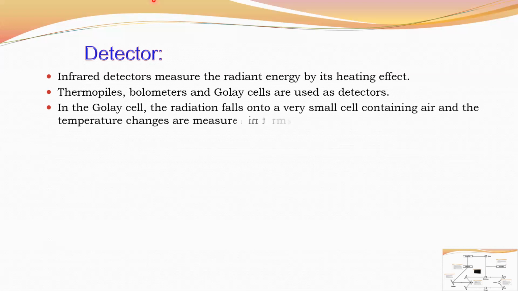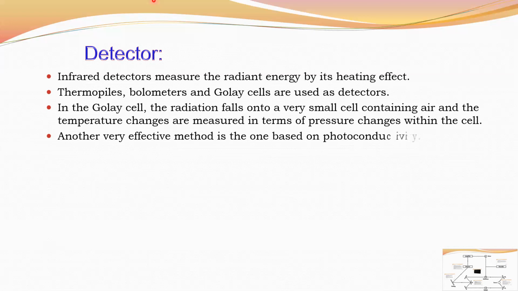In the Golay cell, the radiation falls on a very small cell containing air, and the temperature changes are measured in terms of pressure change within the cell. Another very effective method is based on photoconductivity, or we use photoconductors.